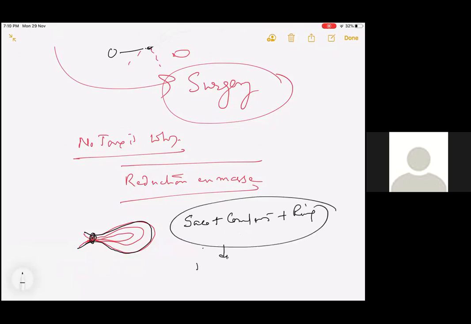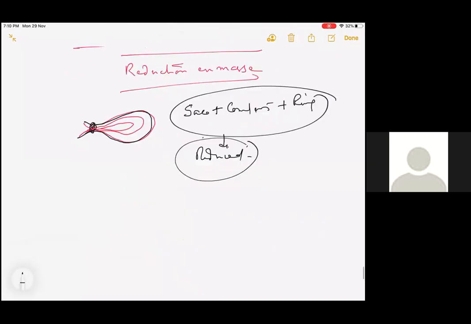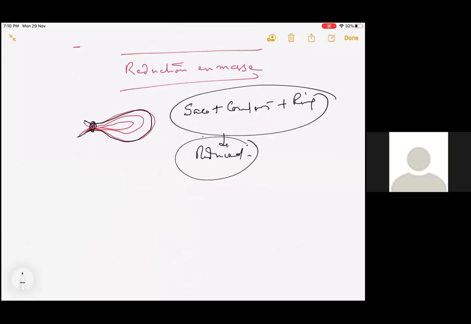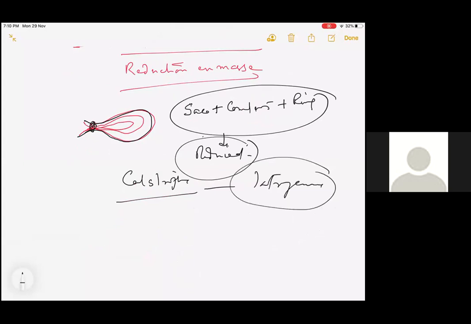They all get reduced. Now, this would be a catastrophe, and it's iatrogenic. This surgeon is causing problem to the patient. So this is not acceptable because you're not following the right protocol.